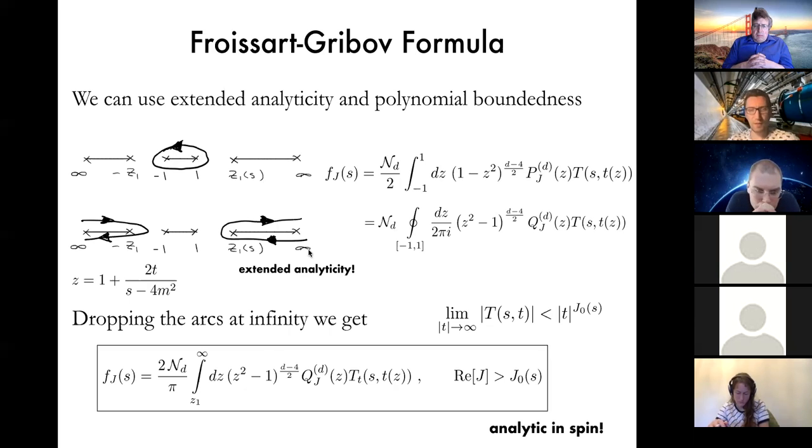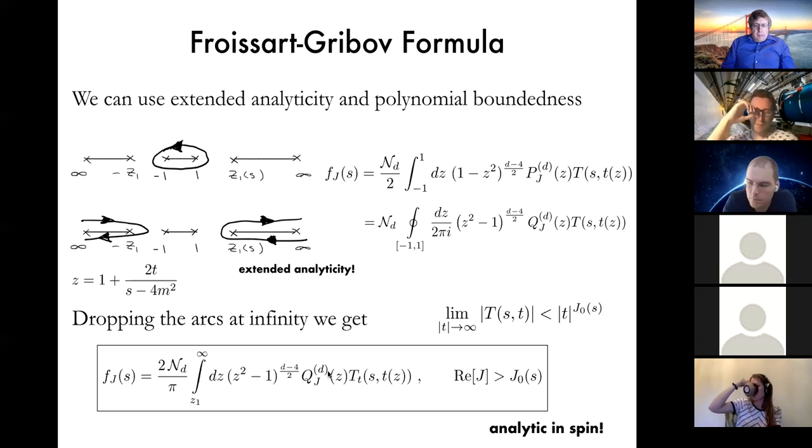And what you get is that f_J(s) is now given by some integral over the discontinuity in the t channel. So disc_t means the discontinuity in t, against this Q Legendre function. And what is nice about this formula, and what is being used all the time in the CFT bootstrap, is that you can analytically continue in spin.